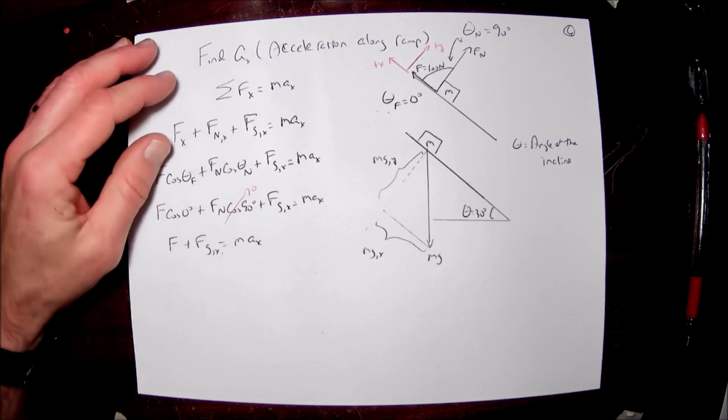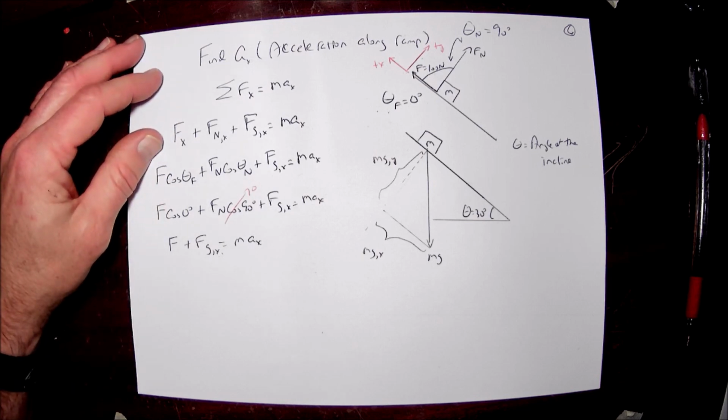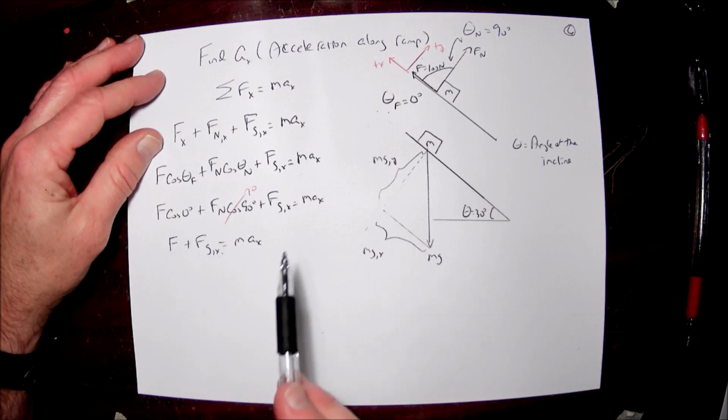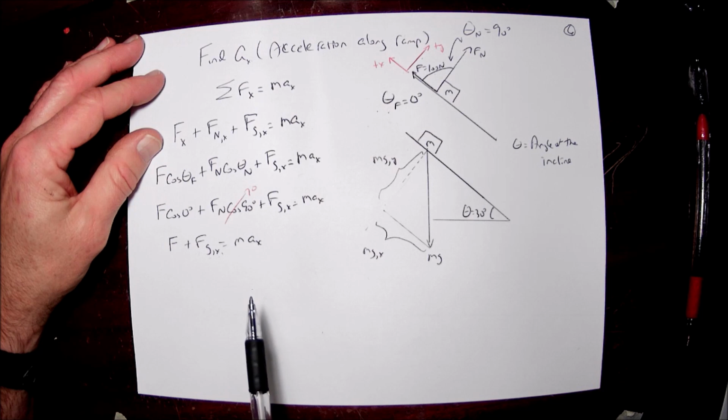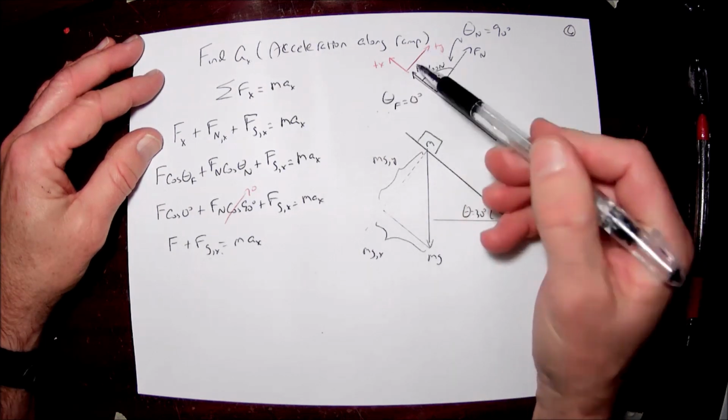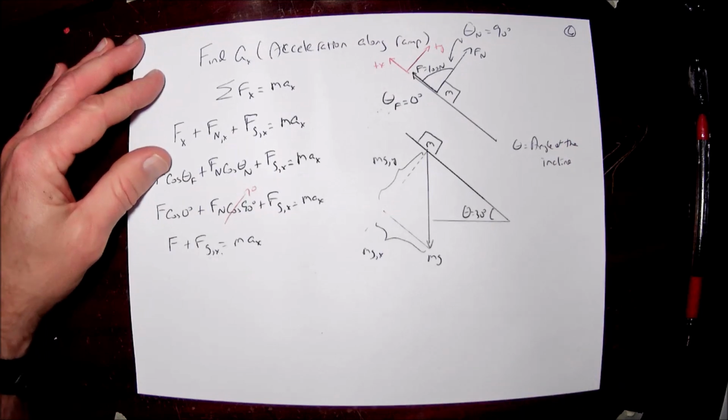We're interested right now in finding the x component. The y component would give me the normal force, which is very important when we hit friction. But right now it has no importance other than the fact that it offsets the normal force, so there'd be no motion in the perpendicular direction to the ramp.